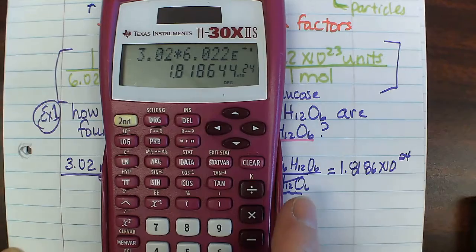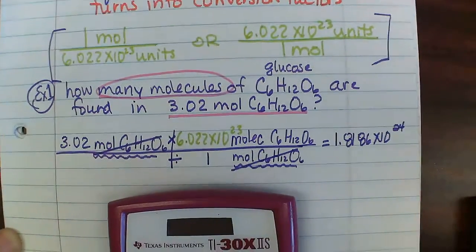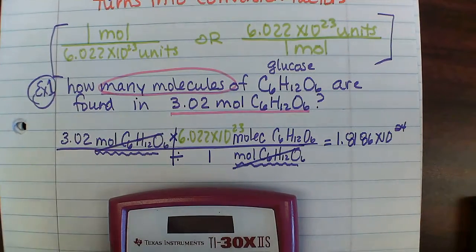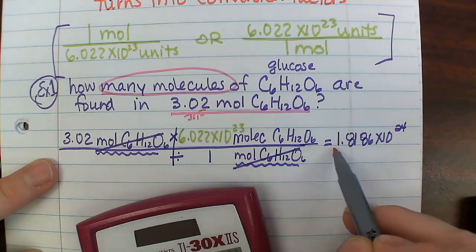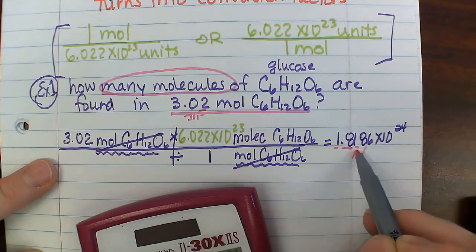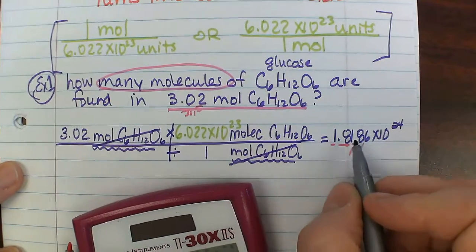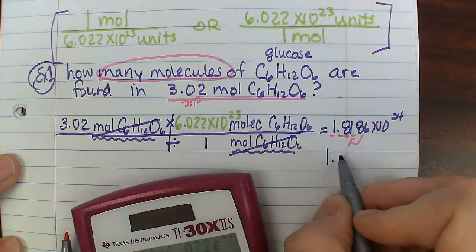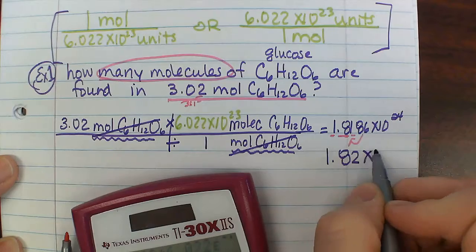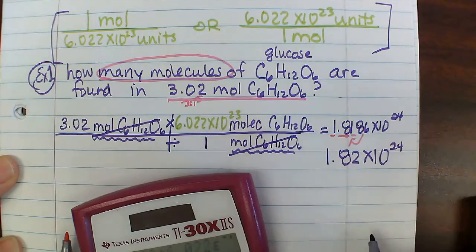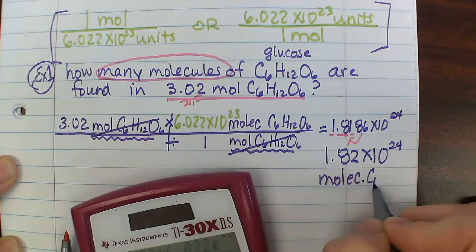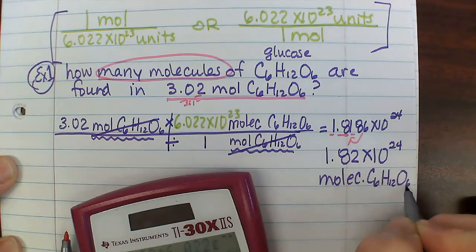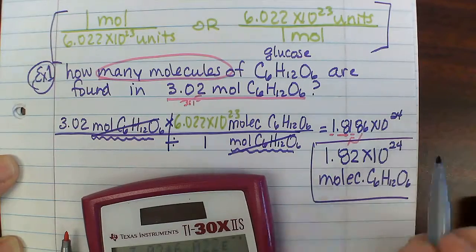Let's check our sig figs. 3 sig figs up here in my problem, so I need 3 sig figs here. Keep the 1, keep the 8, keep the 1. The 8 is going to make that 1 round up, so I've got 1.82. Don't forget the times 10 to the 24th. And then don't forget my label is molecules of C6H12O6.